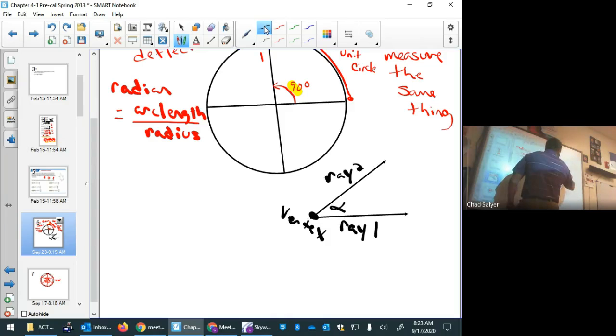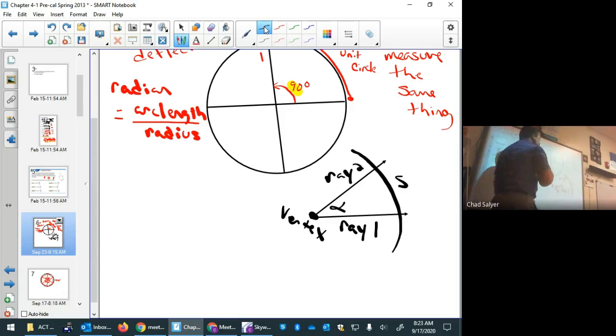But if I were to use radians, then I pick any points that are equidistant from the vertex. So these lengths have to be the same. And you could do that with an old school compass. So that length that is swept out is called S.